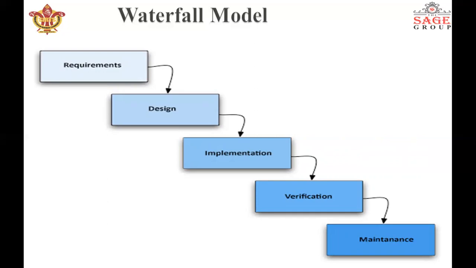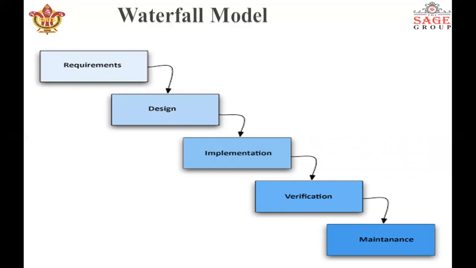This phase has two steps: testing and development of the system. In this step we test our project or software. When verification is complete, then we do the maintenance. So these are the 5 steps.